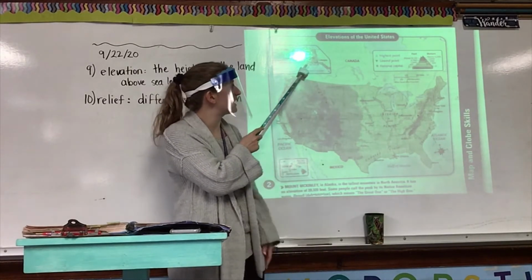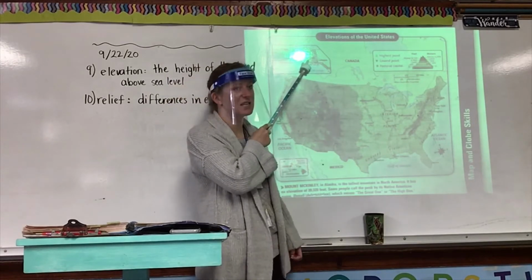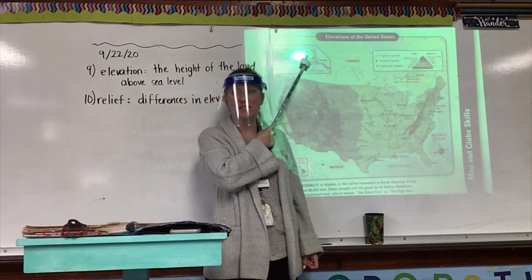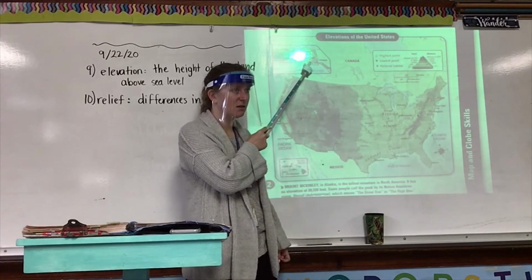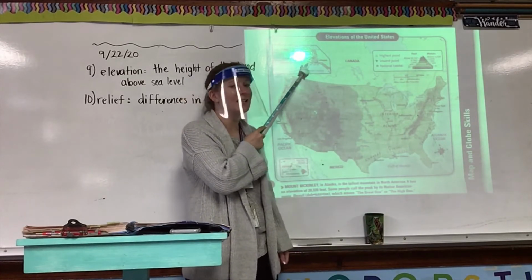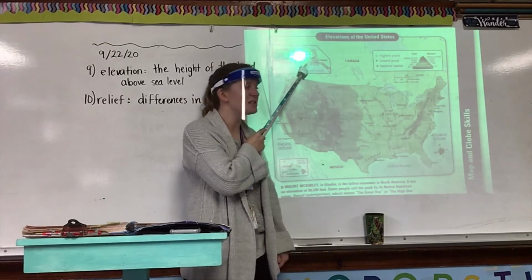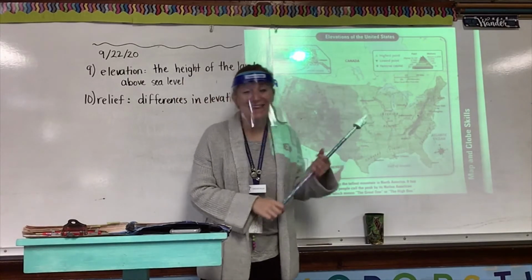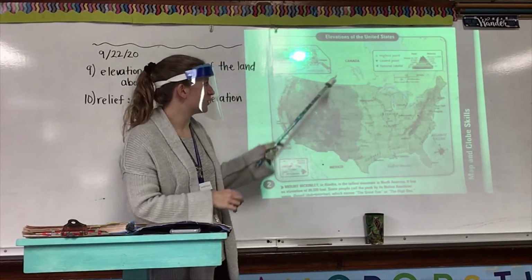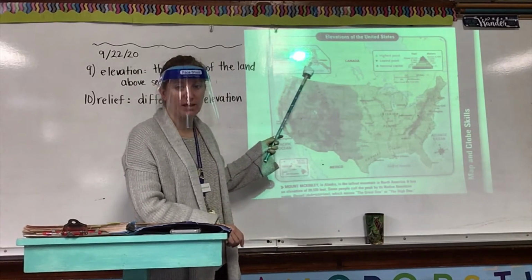If you go to Alaska and you find that yellow triangle that indicates the highest point in the country, it is labeled. Michaela? Mount McKinley. How tall is Mount McKinley, Michaela? 20,320 feet. It's really, really tall.